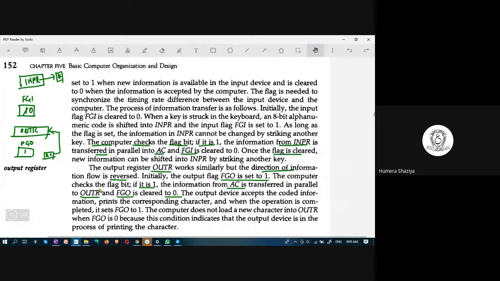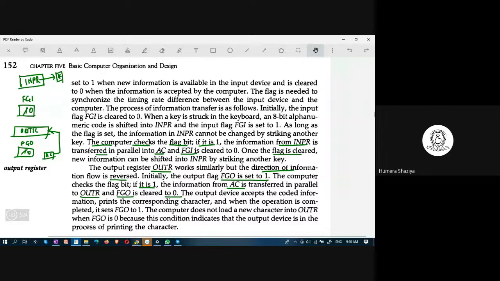After transferring the information, it is set to 0. Once the output is further transferred through the interface to the output device, it is again set to 1, which indicates that the output register is empty and ready to accept data from the accumulator.